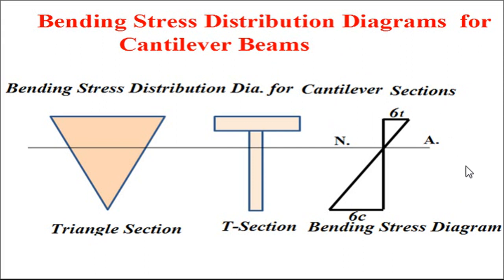Whenever it bends like this, tension will be on the top side and compression will be on the bottom side. In the simply supported case, we have seen that compression is at the top side and tension is at the bottom side, but in a cantilever beam it is opposite. So whenever any part of the beam is under tension at the top, sigma T will be at the top side and sigma C will be at the bottom side. That normally happens in the case of cantilever beams.